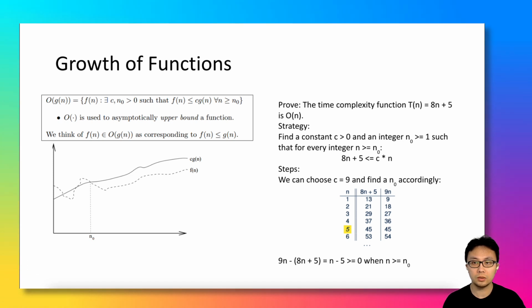The logic to prove this is to subtract 8 multiplied by n plus 5 from 9 multiplied by n. Then the remainder would be n minus 5. It will always be bigger than or equal to 0 as long as n is bigger than or equal to 5. That said, we have successfully proven this.